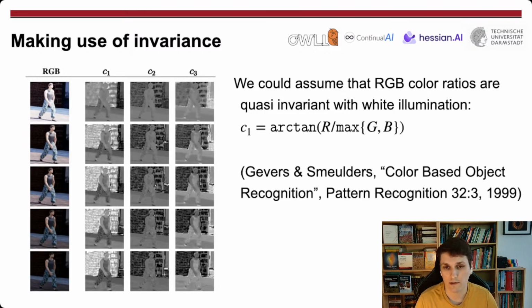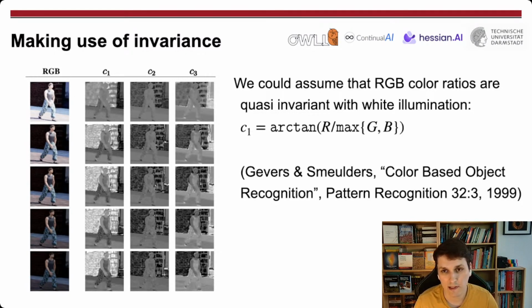So instead of using an RGB image or RGB video as an input, maybe you could do a small transformation as illustrated on the slide, where we take a specific function like an arctangent and then divide the channels by each other. So for example, for the first channel, we divide the red by the maximum of either green or blue, and then we do the same for the blue divided by the maximum of the red and green.